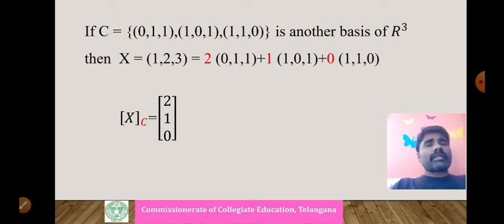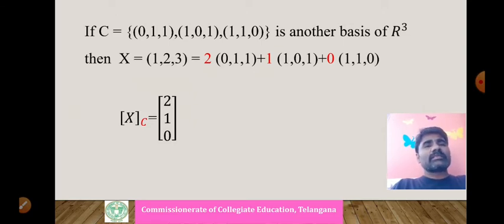In the earlier case it was with respect to the basis B; now the coordinate vector with respect to the basis C is given by (2, 1, 0). This is the coordinate vector of x with respect to the basis C.